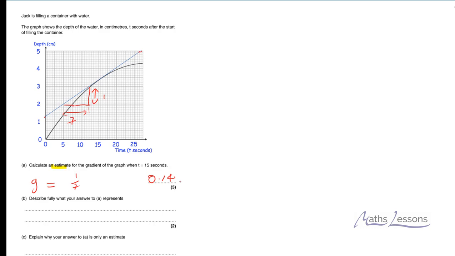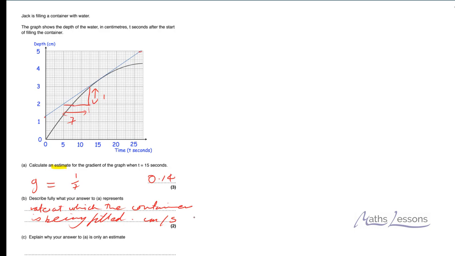Describe fully what your answer in A represents. So the depth of water in centimetres t seconds after the start of filling the water. So it's the rate at which the container is being filled, and that's going to be in centimetres per second.